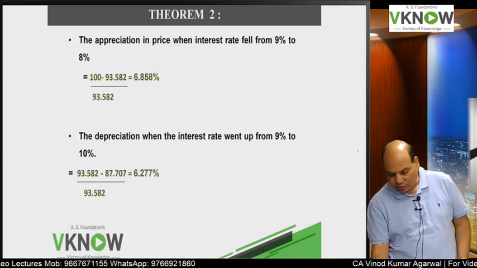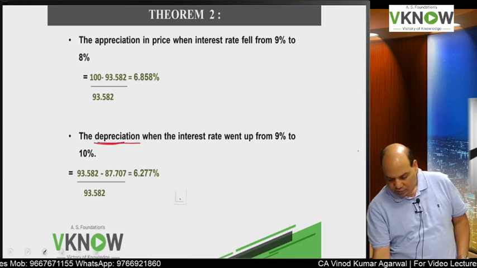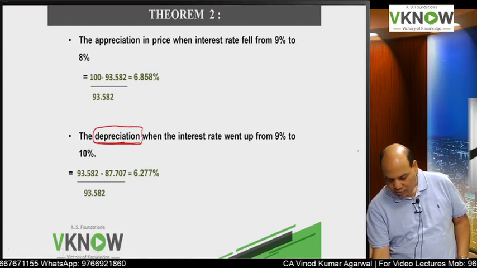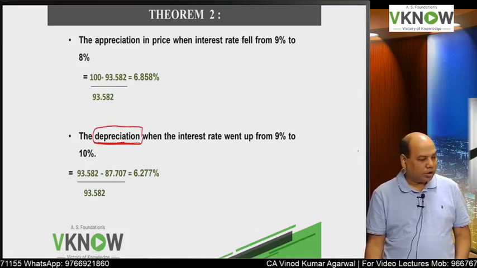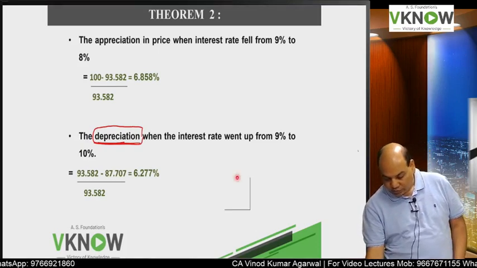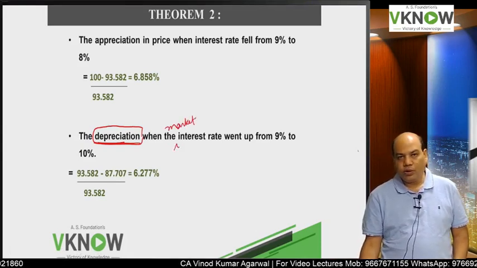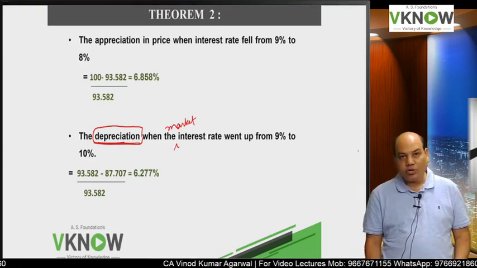Depreciation means decline. So you can just write in bracket decline. Depreciation or decline when the market interest rate goes up from 9% to 10%.